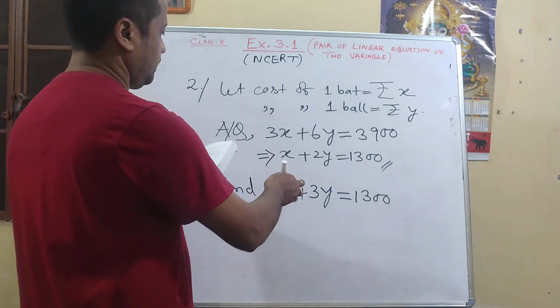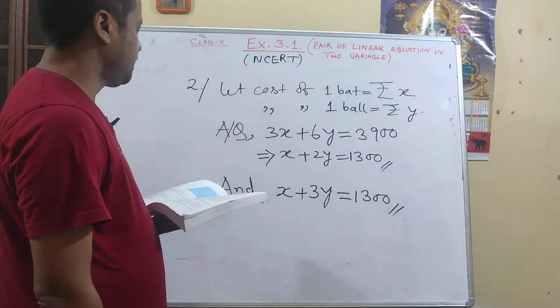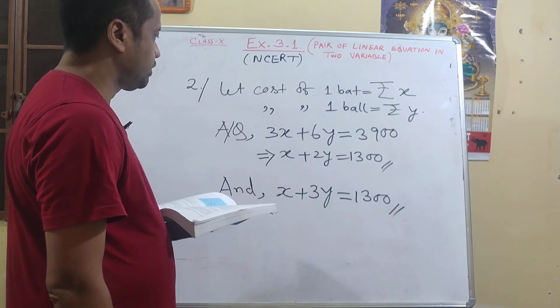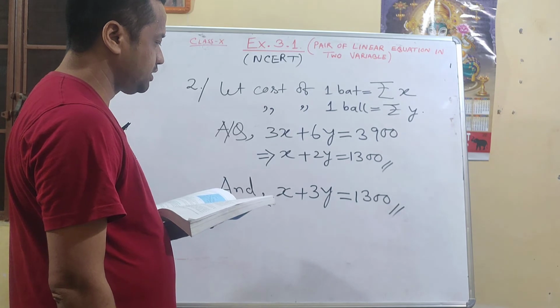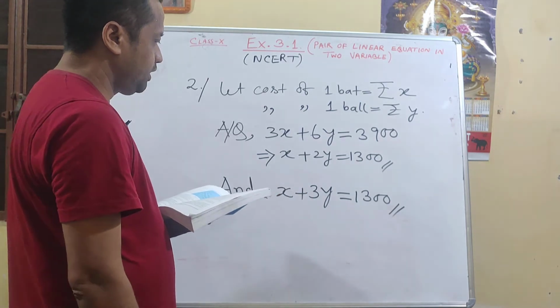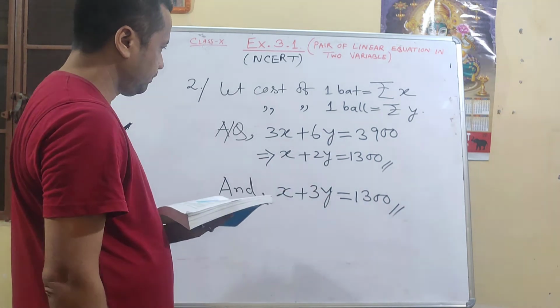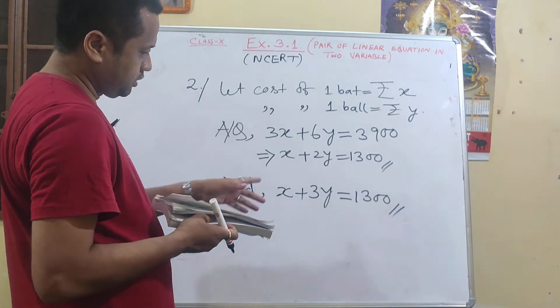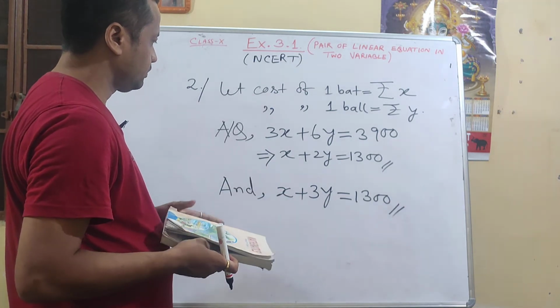So this is the algebraic representation of the question: x plus 2y is equal to 1300 and x plus 3y is equal to 1300. These are the pair of linear equations involving x and y. This need not be solved here, you only represent these equations.